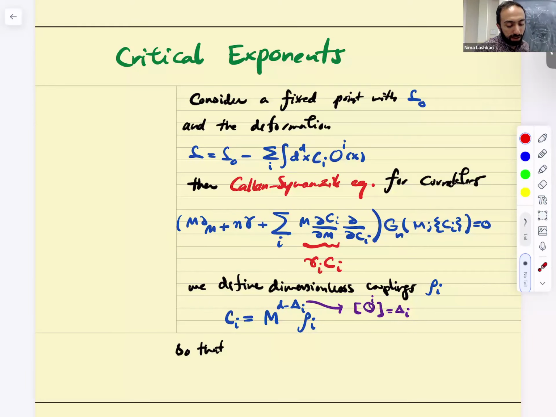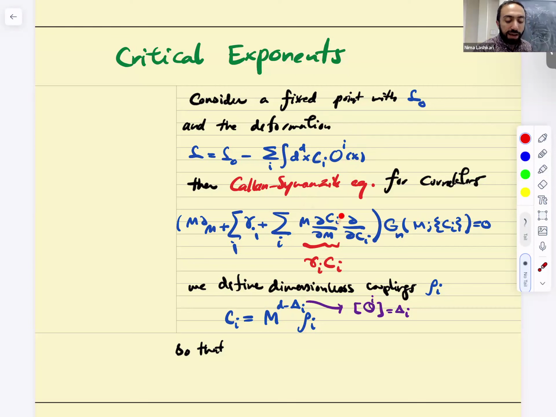Each gamma_I is for one of these, plus the sum over I of M del M of c_I times del del c_I. It's just a full derivative.